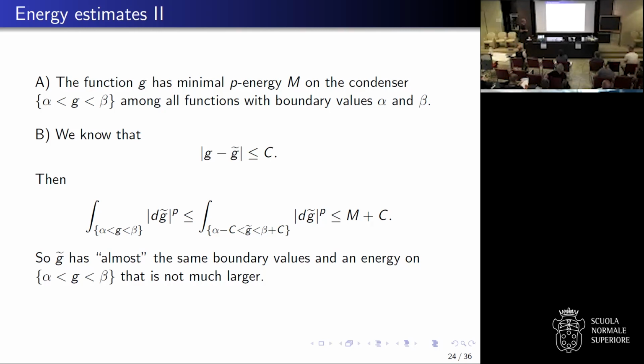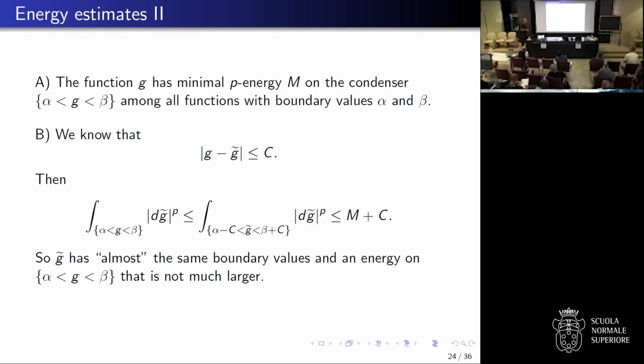But on the other hand, this function G tilde is not far off from my G, right? It almost has the same boundary values. And from this fact, the normalization and some monotonicity properties of my condenser, I can easily conclude that my G tilde also has an energy that is not much larger than this M.